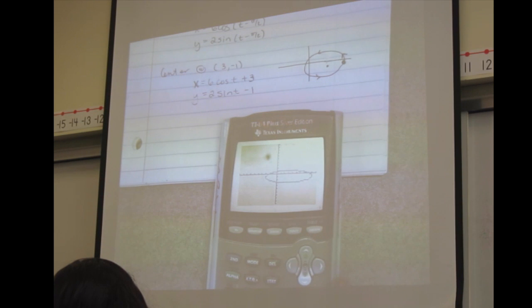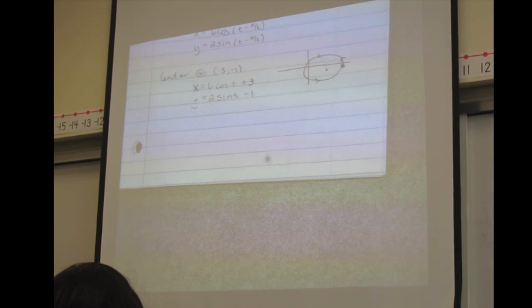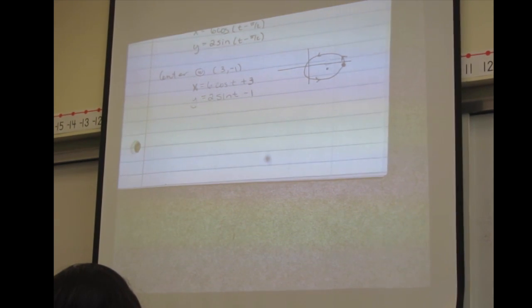Okay. All right. We good? For mine, I had to start it at negative t to get it to go. Negative t? Yeah, I thought this was counterclockwise normally.